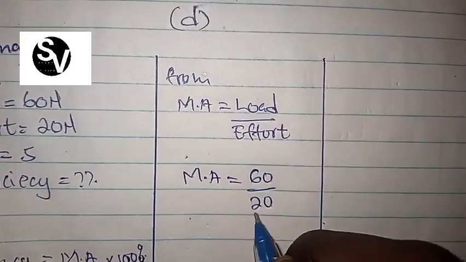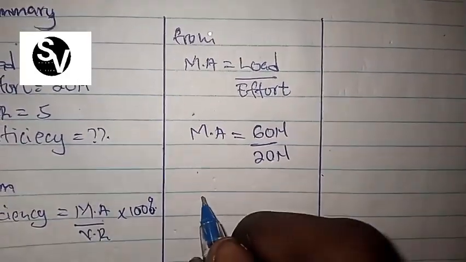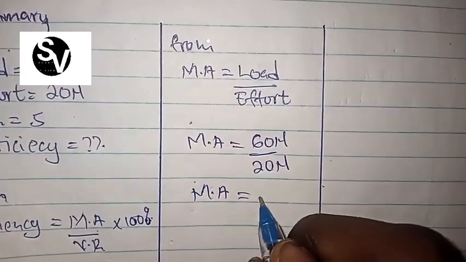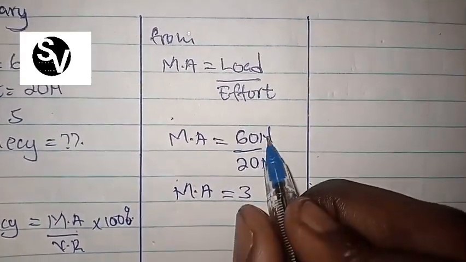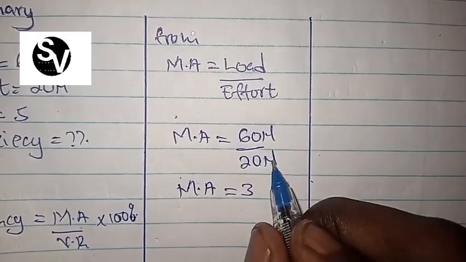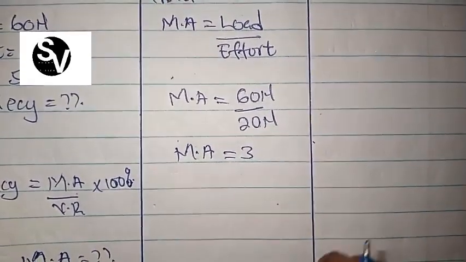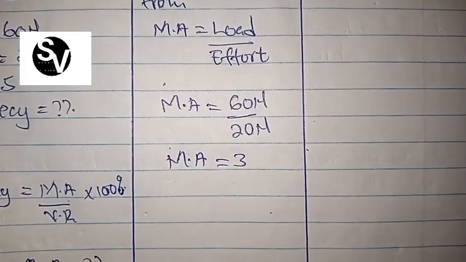So this one is newtons, so the SI units are going to cancel, and we are going to have mechanical advantage equivalent to 3. It is going to be unitless because the newtons cancel with the newtons in the denominator. So that is our mechanical what? Advantage.